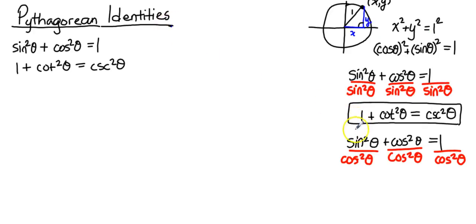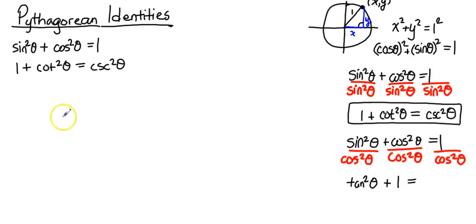Alright, let's see if we match. So sine divided by cosine. In my brain, I'm thinking y divided by x, and I remember that that's tangent. So I know that this is going to be tangent of theta squared. Cosine squared theta divided by cosine squared theta is 1.